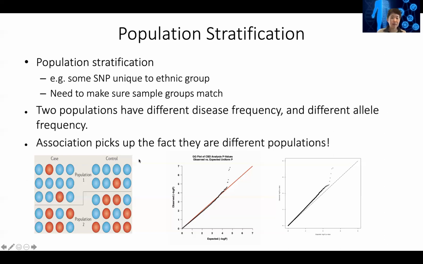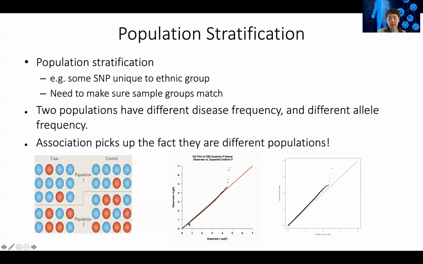And so what happens is that when you do the p-value calculation of different SNPs, remember we are doing this for millions of chi-square tests, we can look at the p-value of those chi-square tests and then do a QQ plot to compare the expected p-value and the observed p-value.